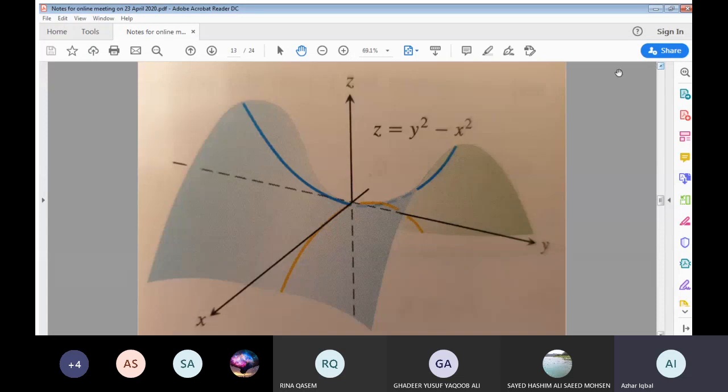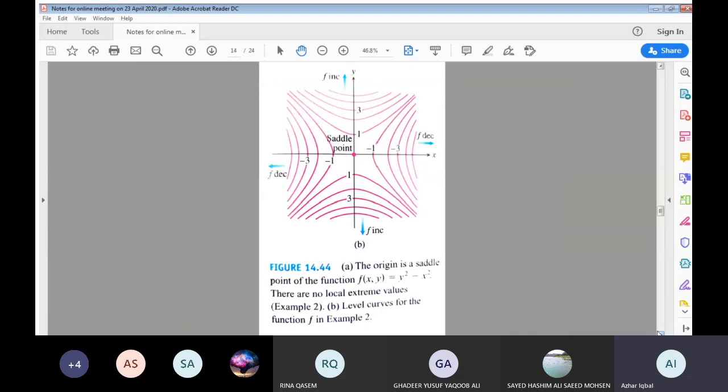So if you have a plane intersecting this three-dimensional surface, parallel to the xy plane and at a distance of 3 units above the xy plane, then that plane will intersect with this saddle surface and will generate this line and this line.